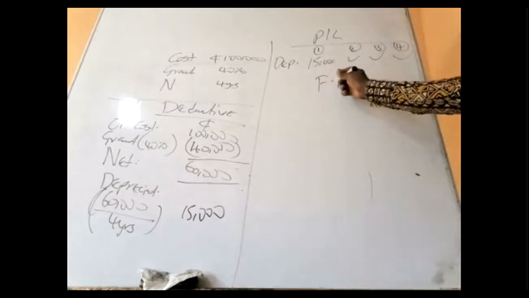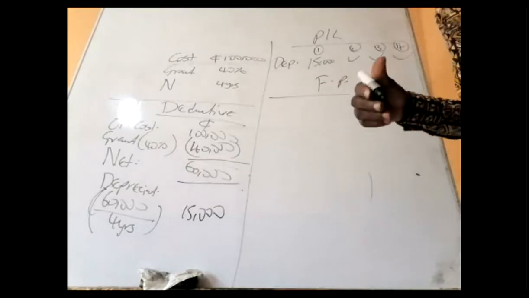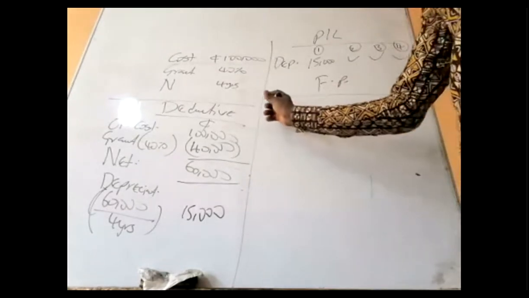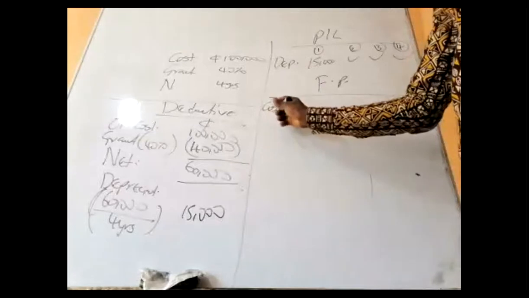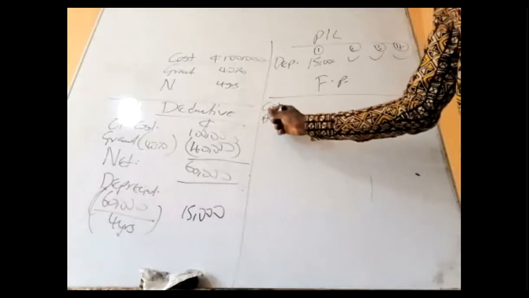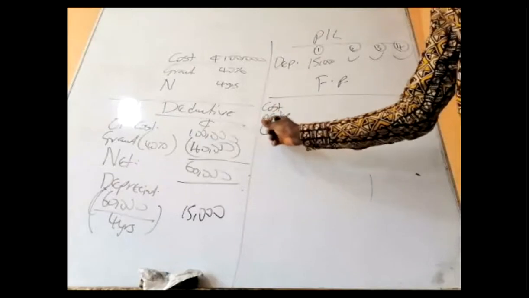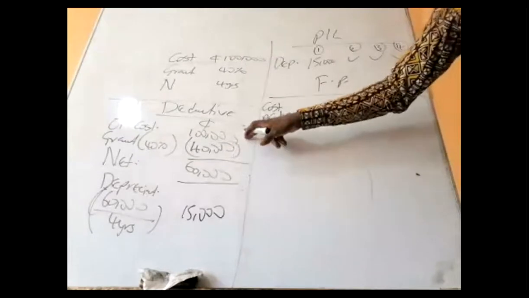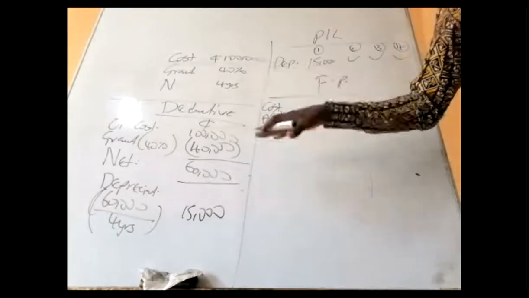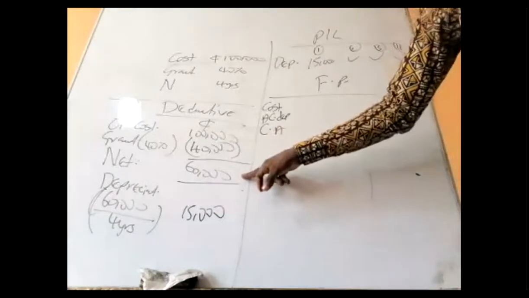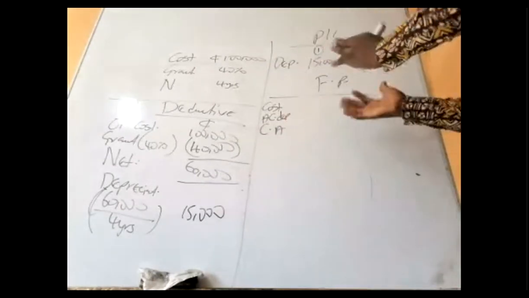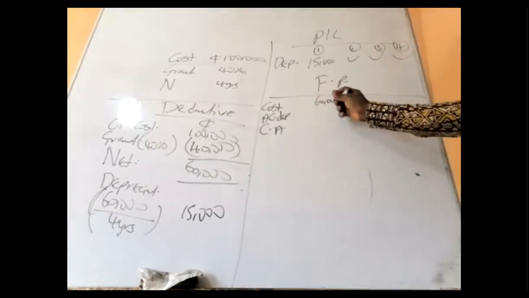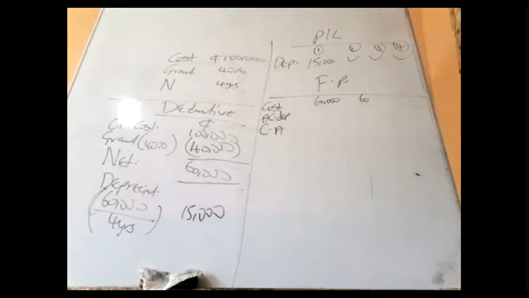Go to the statement of financial position, the balance sheet. You record the cost of the asset, accumulated depreciation, and the carrying amount. For year one, should I record 60 or 100? Under the deductive method, the cost will be 60,000 throughout, because that's what you depreciate the asset on.